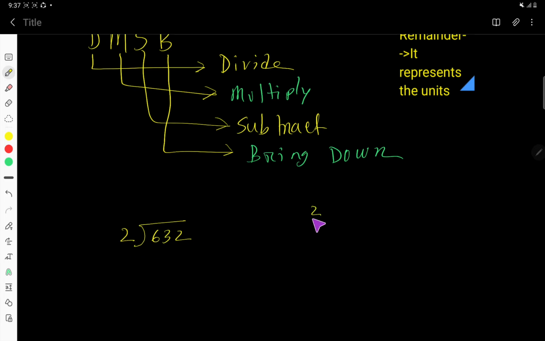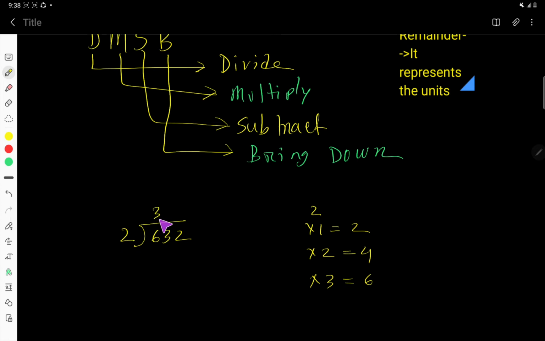We need the multiplication table. 2 times 1 gives us 2, but 2 times 2, just add 2 with this 2, you are getting 4. 2 times 3, just add 2 with this 4, so 6. So look, here we have 6, here 6. So 2 goes into 6 how many times? 3 times. So write 3 over the 6.